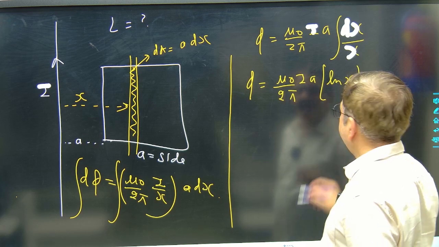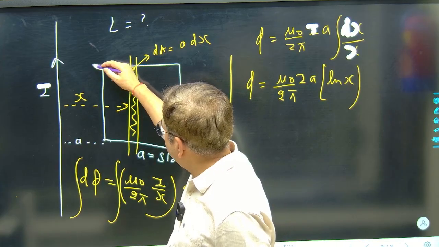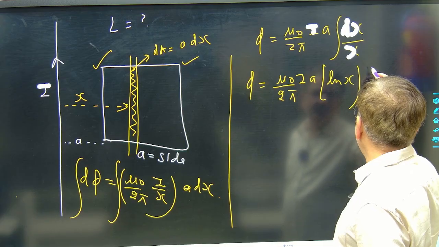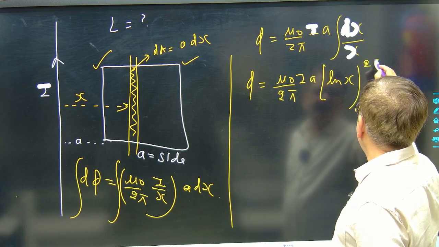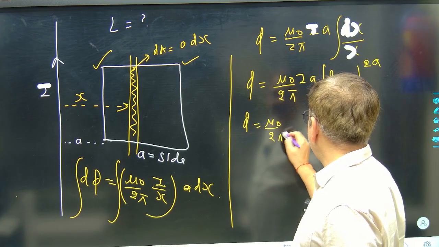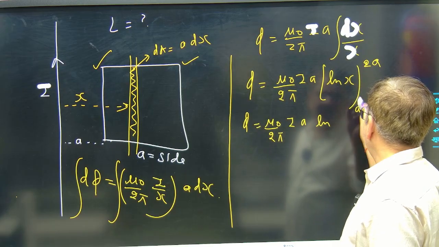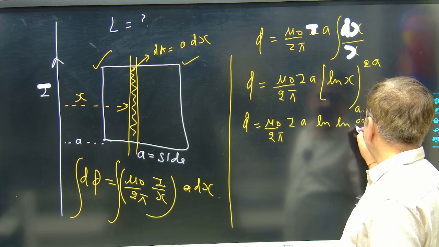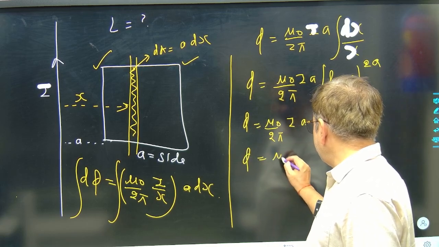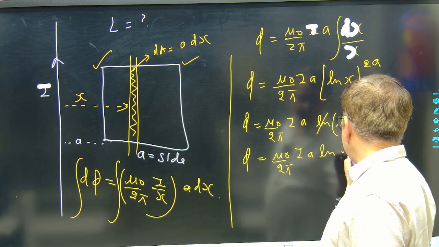Now the value of x varies from A to 2A, so the limits are A to 2A. So phi is mu naught over 2 pi I into A, ln 2A minus ln A, that is ln 2A by A, which is ln 2. So phi is mu naught over 2 pi, I into A ln 2.